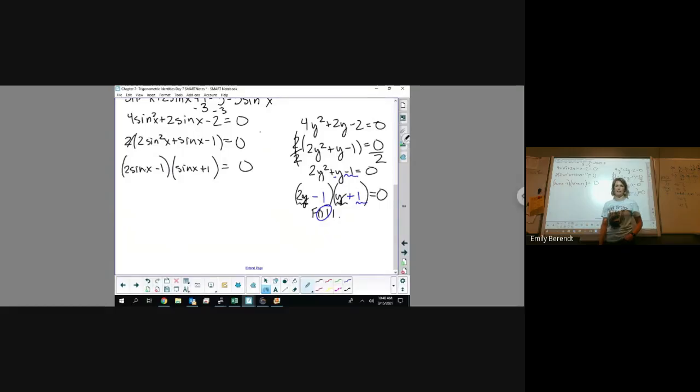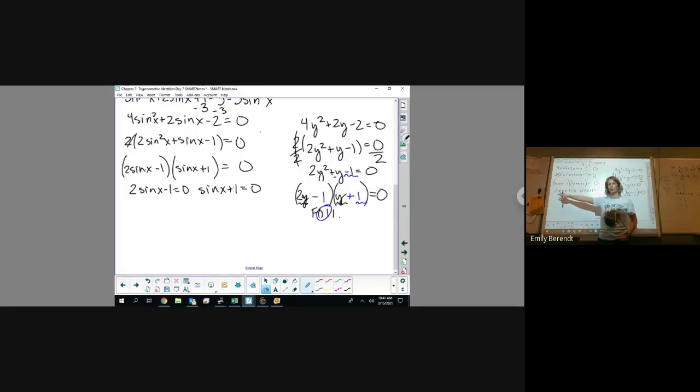Now what? Set them equal to 0. 2 sine of x minus 1 equals 0. Sine of x plus 1 equals 0. Let's do 2 steps in 1 over here. What do we need to do with the -1?